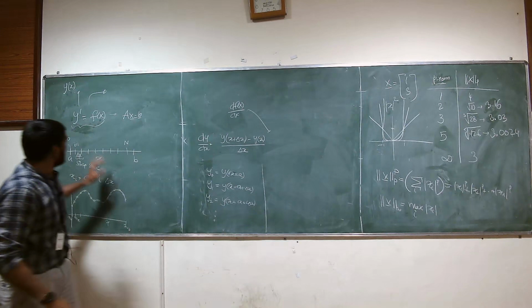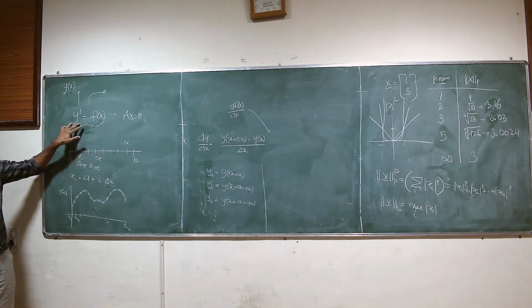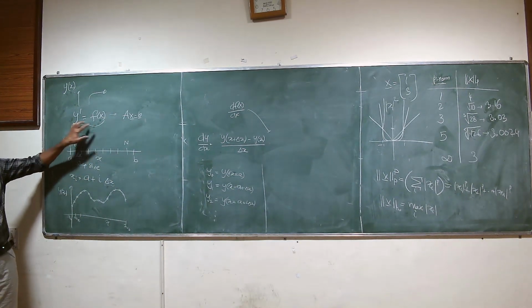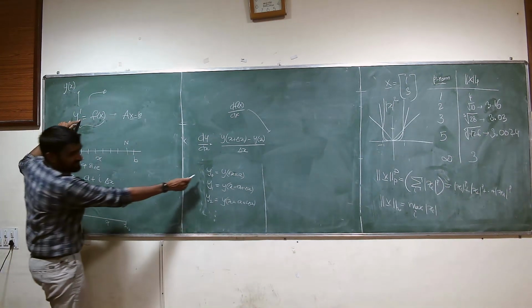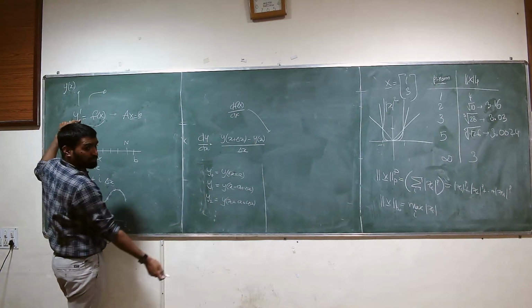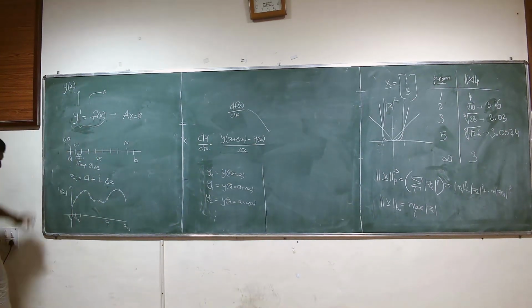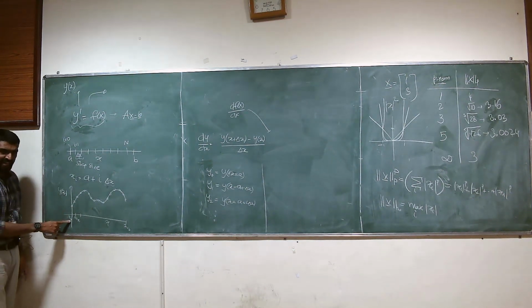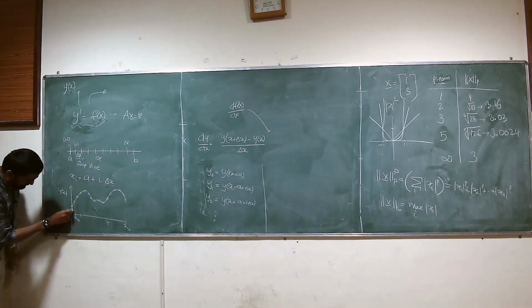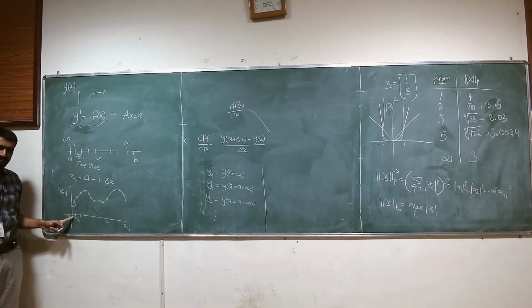The first thing you do is approximate the derivative y dash, in terms of the values of the function that we can compute. That means we say the derivative of the function at x equals a is simply this difference divided by delta x.